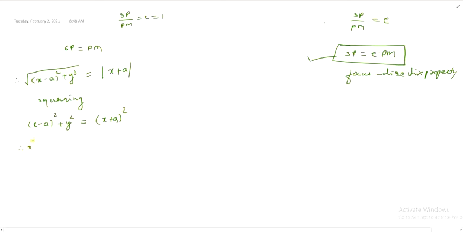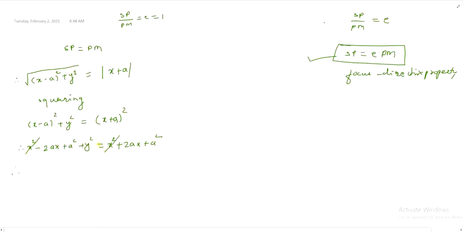Now squaring it, x square plus, there is a negative sign, so we take the sign of the middle term, that is twice ax, plus a square plus y square is equal to x square plus twice ax plus a square. Therefore, which terms can we cancel from both the sides? Yes, x square, x square.